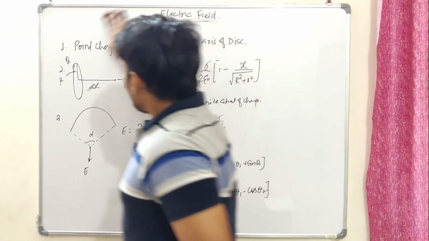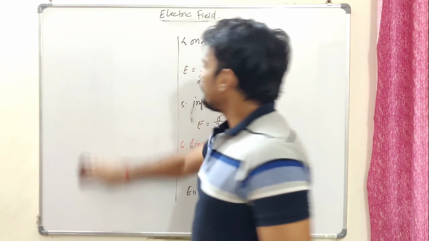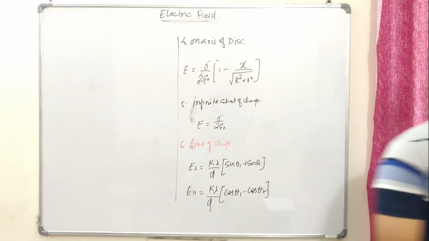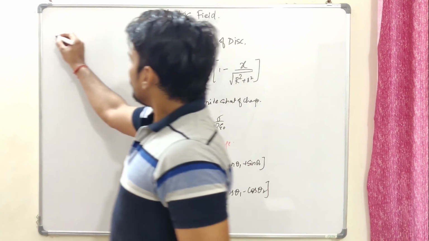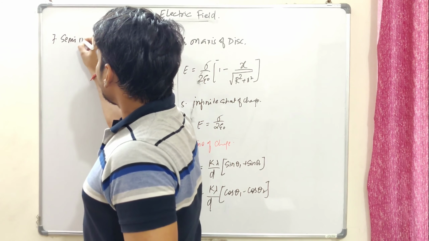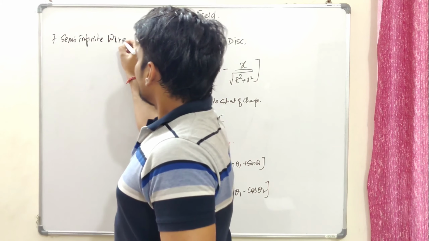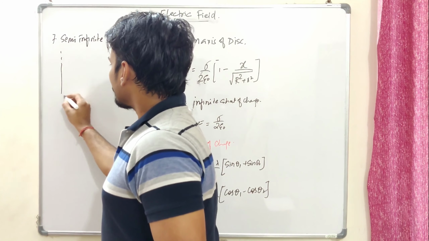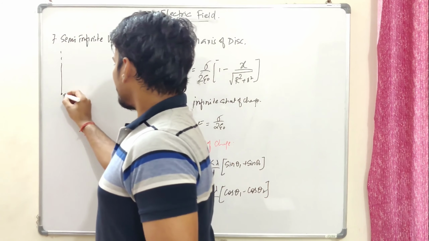Now we have done some more derivations, where the field is going to be maxima or minima on the axis of the ring. One more thing, number 7, you can remember, is due to a semi-infinite wire. If I had something like this and I wanted to find the field, I'm going to be using it in today's numerical.